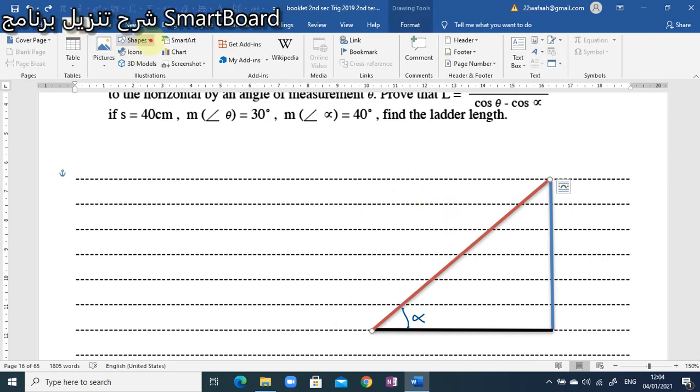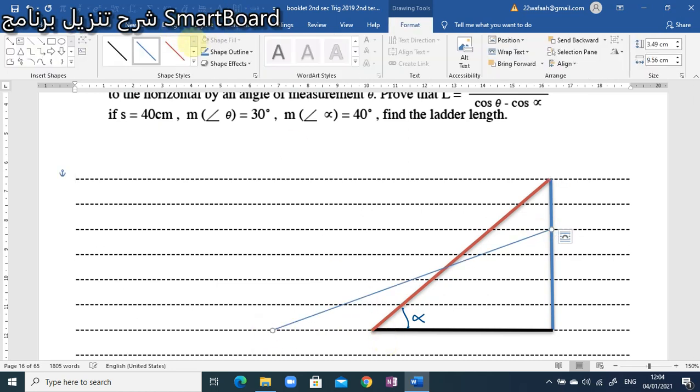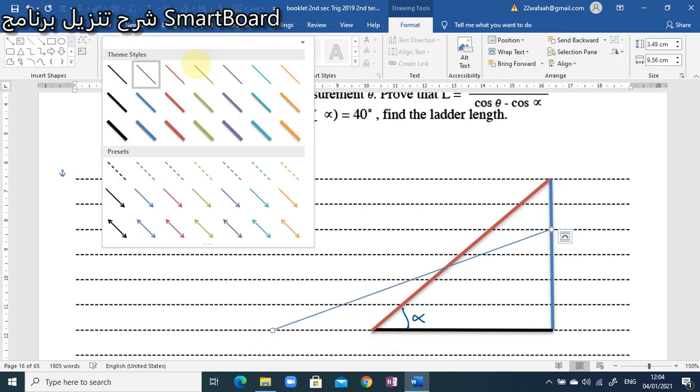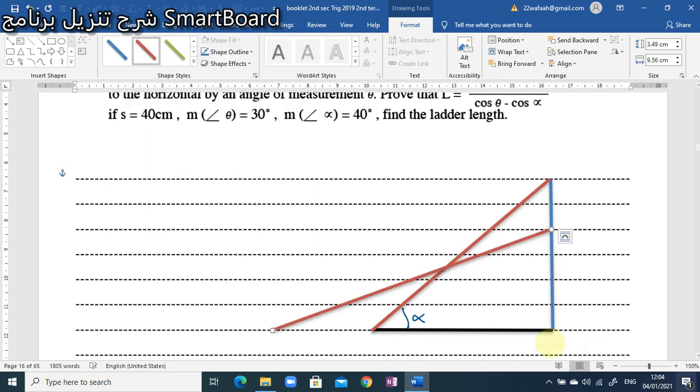The next step, we can draw again the ladder from this point to this point after moving S meter. And on the horizontal ground, this will be S meter.